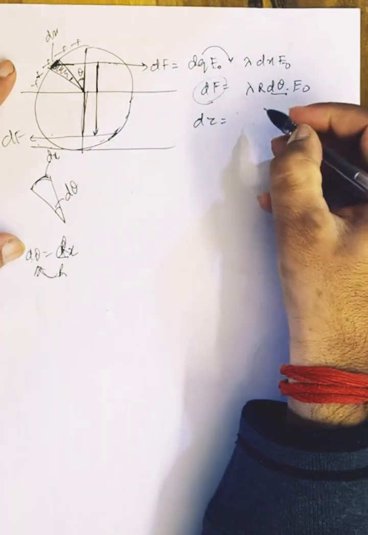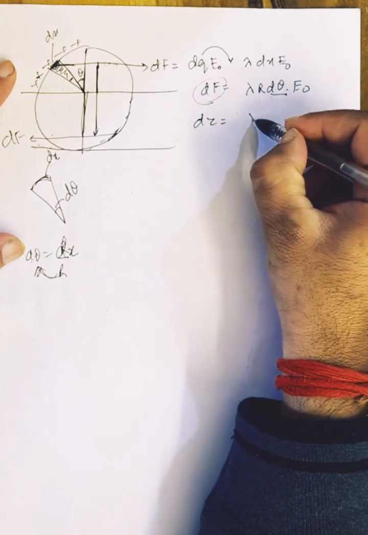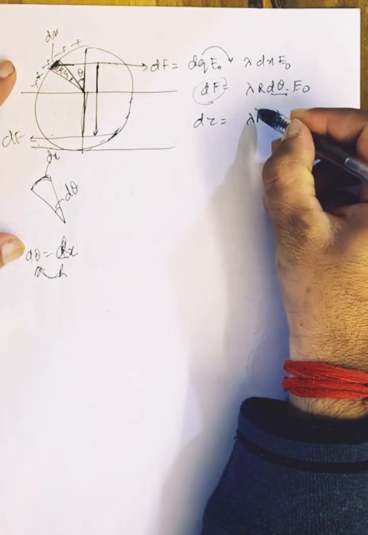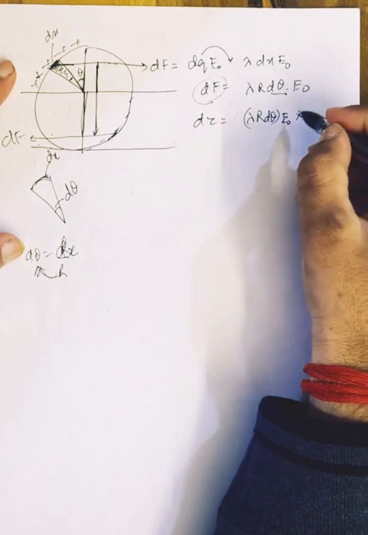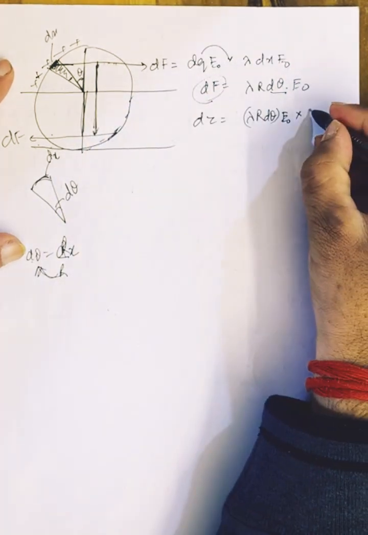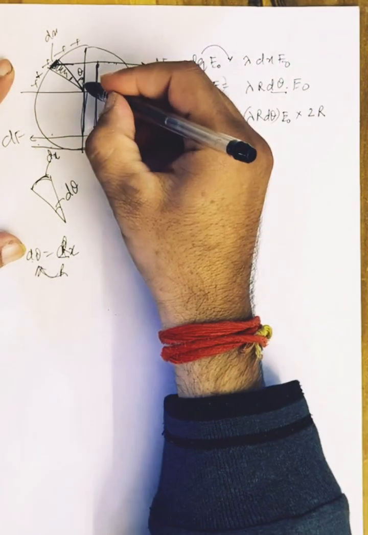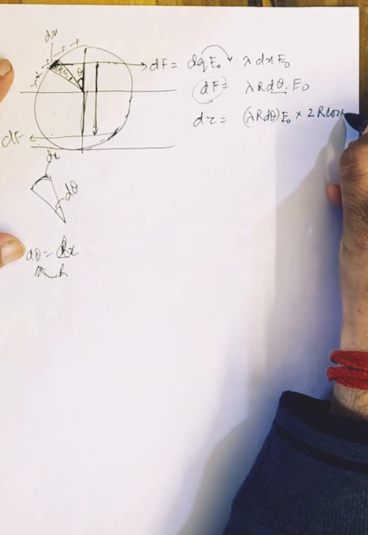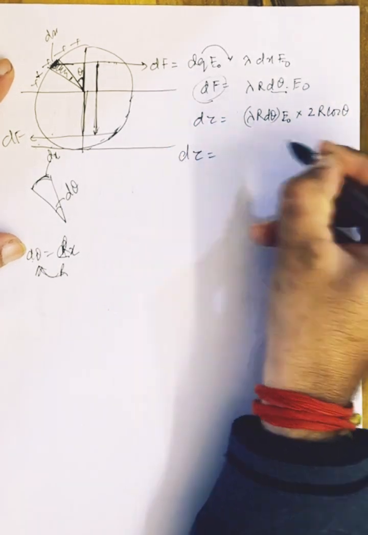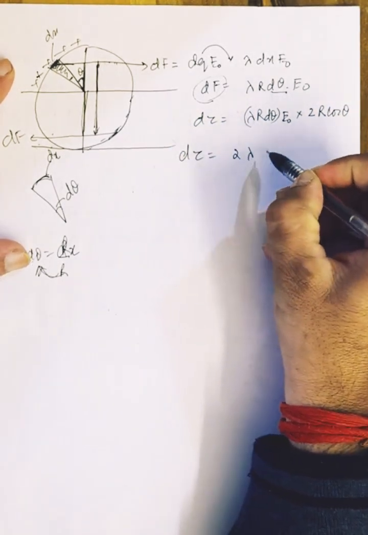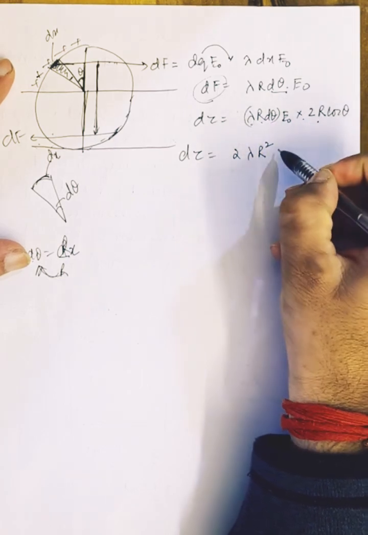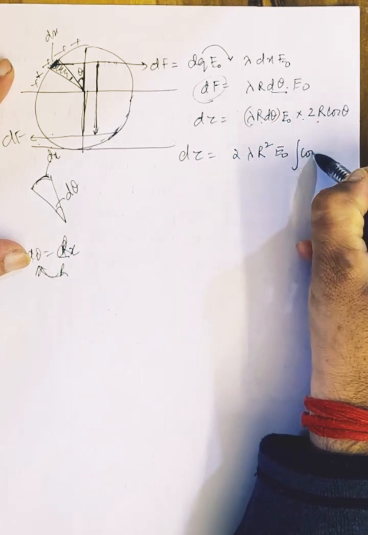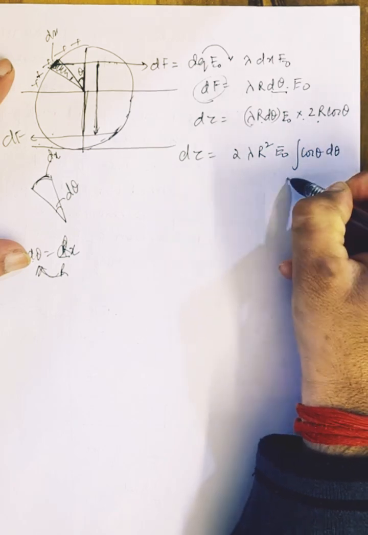So I have the torque as force, which is lambda r d theta into E naught, into the distance between these two forces, that is 2 r cos theta. So we got the torque as 2 lambda r square E naught, integration of cos theta d theta from 0 to pi by 2.